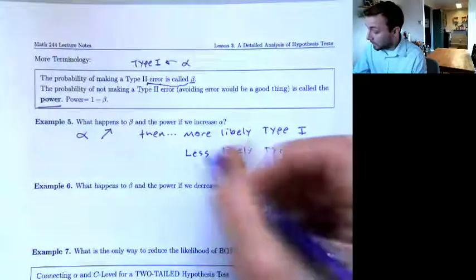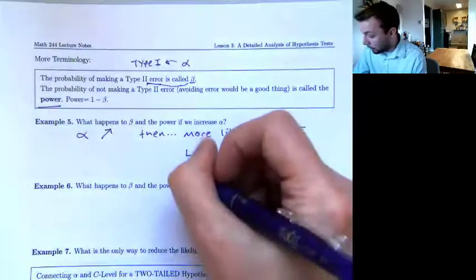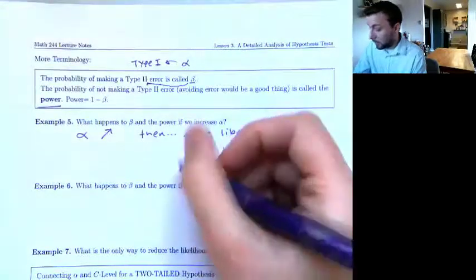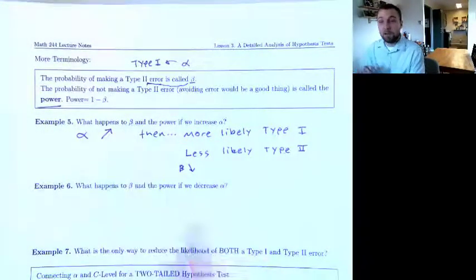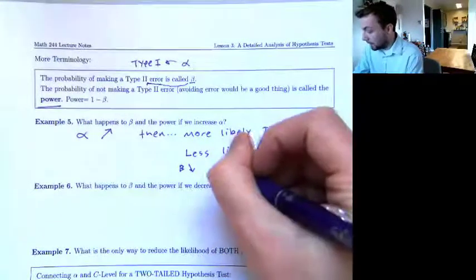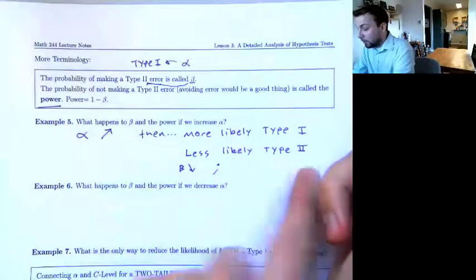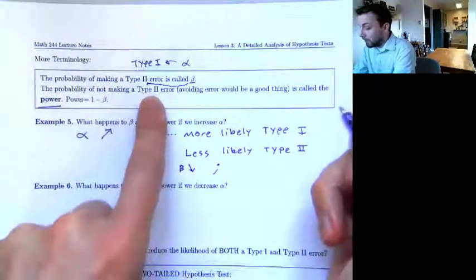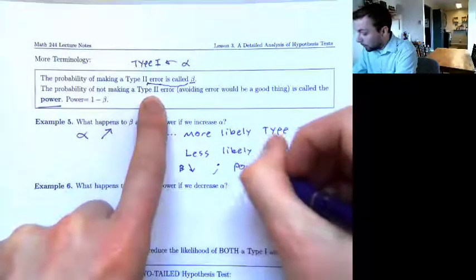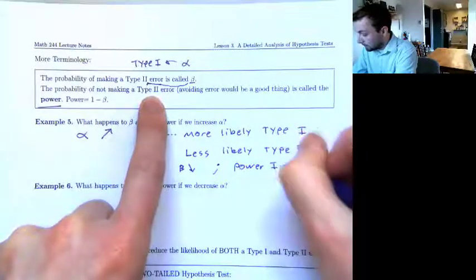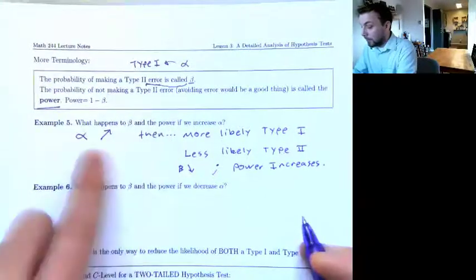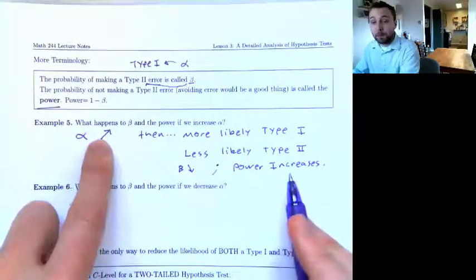If I am less likely to make a type 2 error, then my beta goes down. My alpha and my beta go in opposite directions. If I'm less likely to make a type 2 error, then my probability of not making that error has gone up considerably. So my power increases. Make your alpha bigger, you make your power bigger.